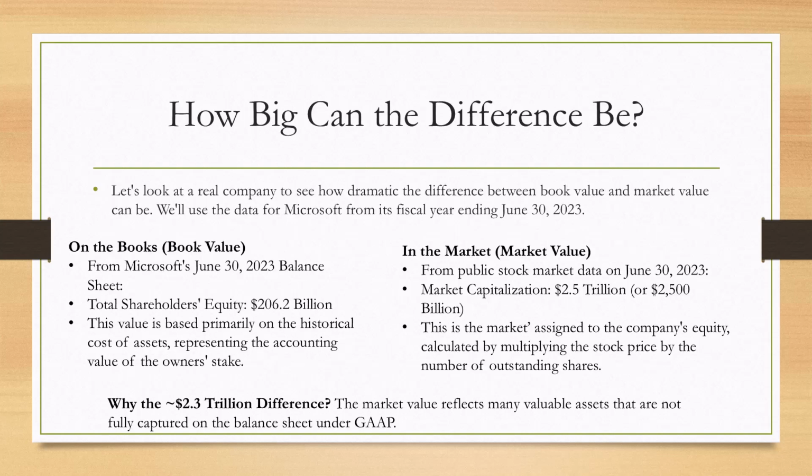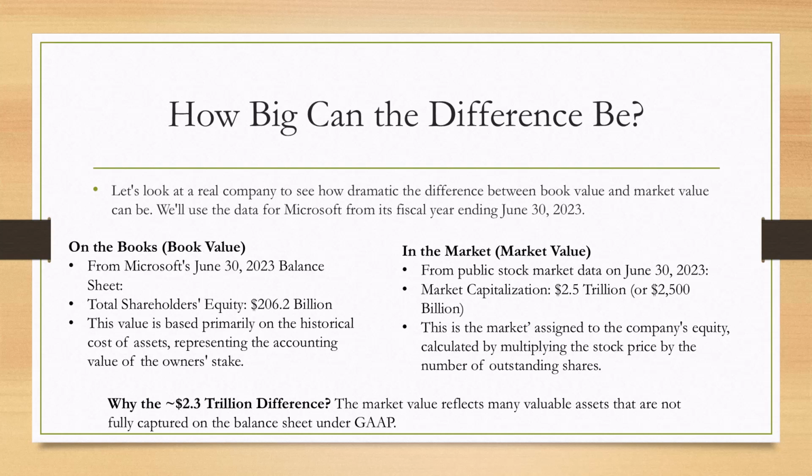To see just how dramatic the difference between book value and market value can be, let's look at a real company, Microsoft. We'll use their data from the fiscal year ending on the 30th of June, 2023. If we look at their balance sheet, the book value of their total shareholders' equity was approximately $206.2 billion. This value is based on the historical cost of their assets.